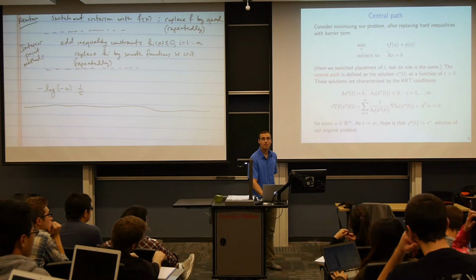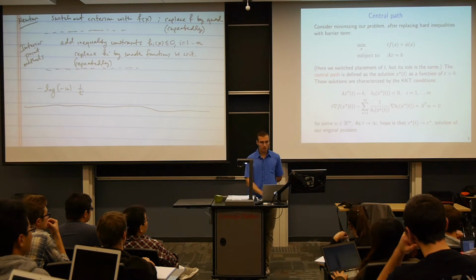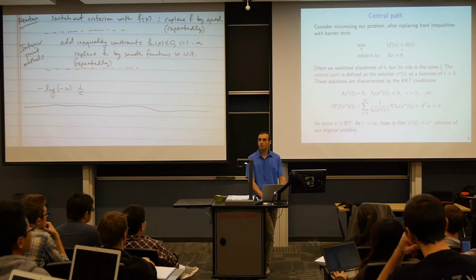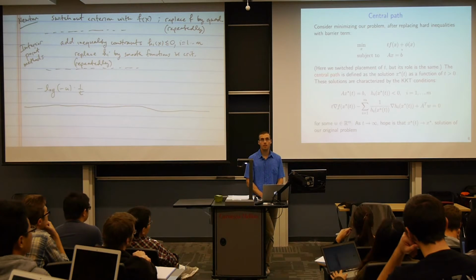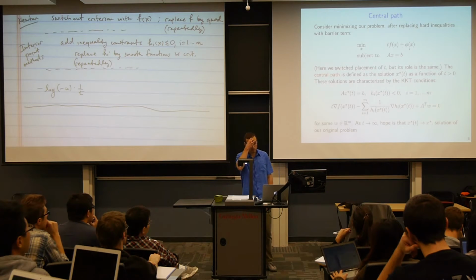I just moved the t to the criterion, maybe for simplicity, so I multiplied the whole criterion by t. The role of t is the same here. As I make t larger, the barrier function has less and less importance away from the boundary of the constraint set. It's the same problem, just with t multiplying the original criterion function rather than 1 over t multiplying the barrier function.